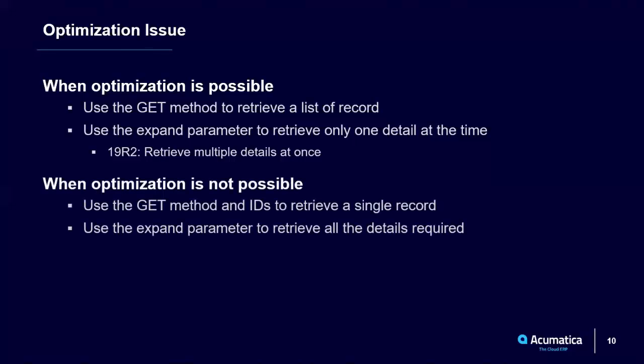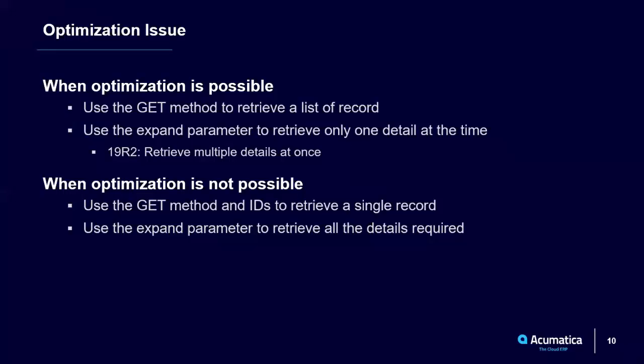If the optimization is not possible, you will need to use the GET method to retrieve the records and then retrieve the details. For example, in this case, I'm just using sales order again, but it works with sales order, so there is no need to worry about this. You can retrieve a list of sales orders, each with its list of details expanded.